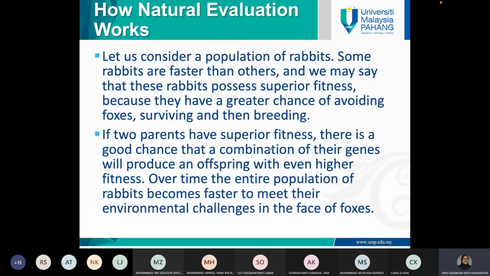So let us consider a population of rabbits. Some rabbits are faster than others, and we may say that these rabbits possess superior fitness because they have a greater chance of avoiding foxes, surviving and breeding. Several rabbits are fast, several rabbits are slower.